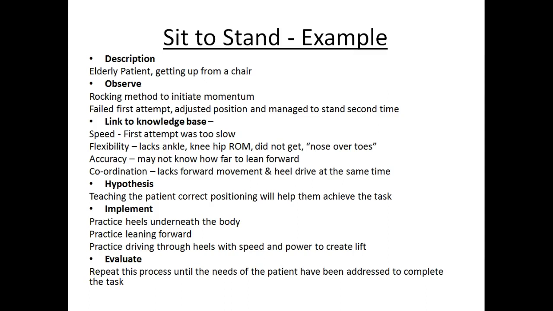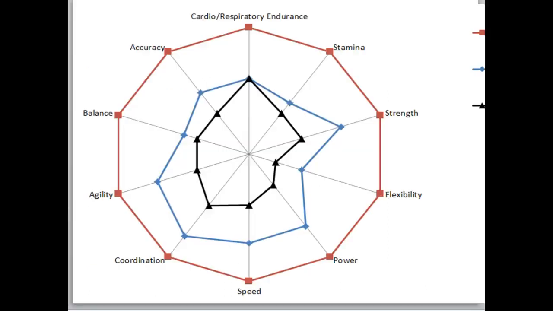So we can implement, change the heel position by bringing them back. We're going to get them to lean forwards more, and we're going to get them to drive through their heels and create some power to give them the lift. We're going to repeat this process until they are competent and we're back to the skill of sitting to stand.